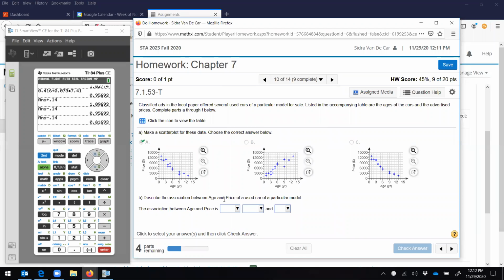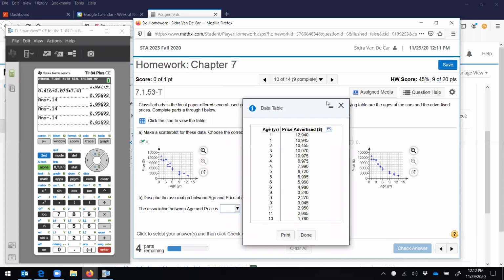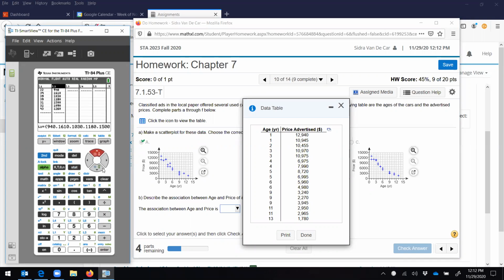Describe the association between the age and price of a used car. Okay, so let's run the regression. So I need that data back up again. It's 13 data points. So we're going to go stat, edit, and let's clear out what I have here. And let's go into list 1 and we'll put the age there.